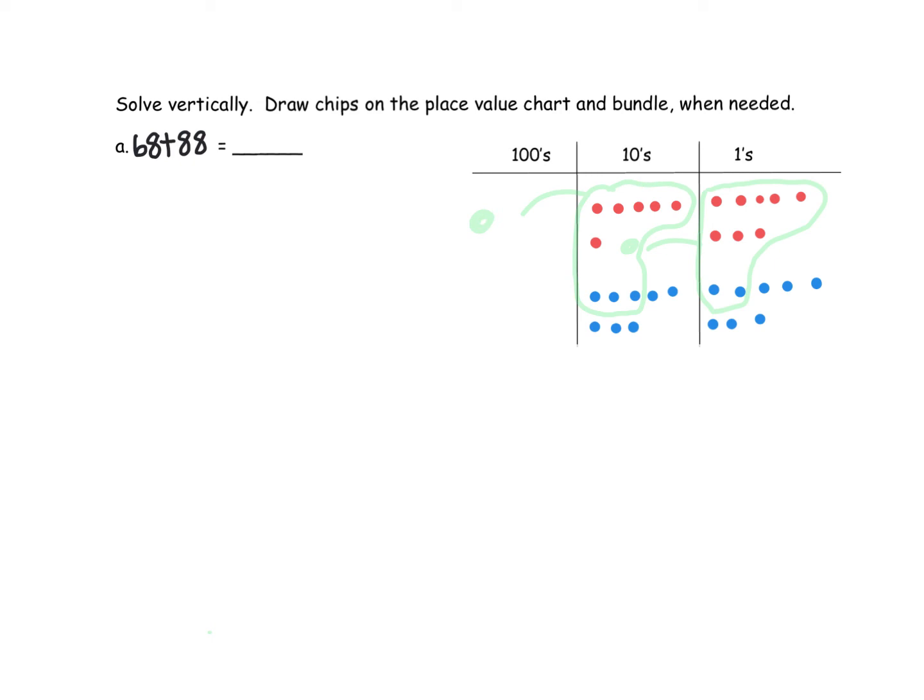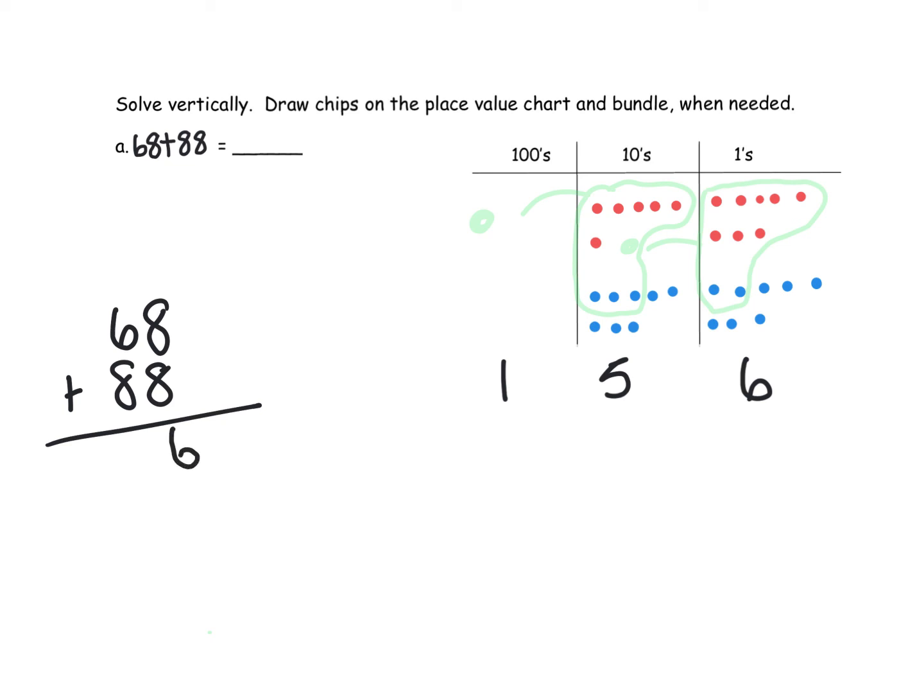We see that we have 1 in our hundreds place, 5 in our tens place, and 6 in our ones place. That means 156. When we look at this vertically, we're going to add 8 and 8, which is 16. So we're going to put a 6 in our ones and carry the 1 over to our tens place.